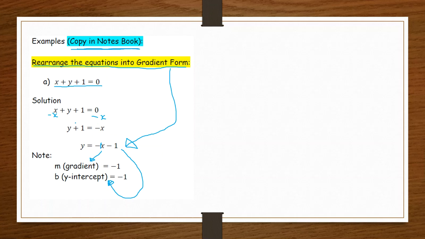And then to take away 1. So I get y equals minus x minus 1. And that tells us that the gradient is minus 1 and the y-intercept is minus 1.